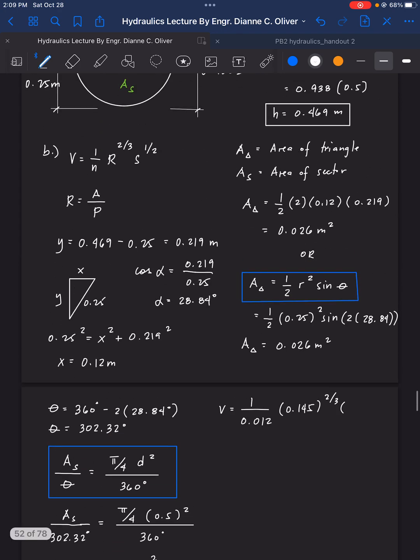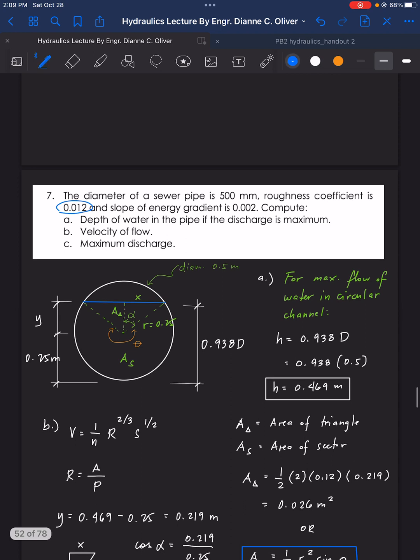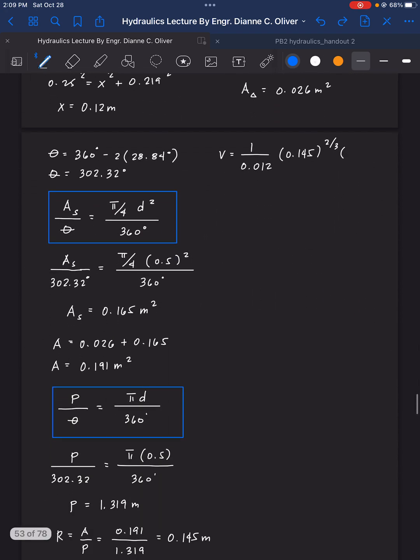What is our S? S, or slope, is 0.002, raised to 1/2.